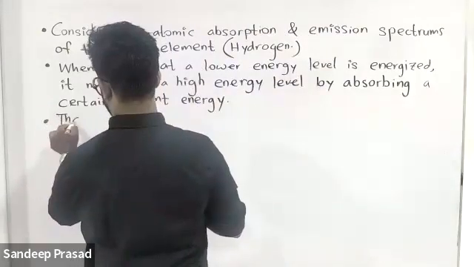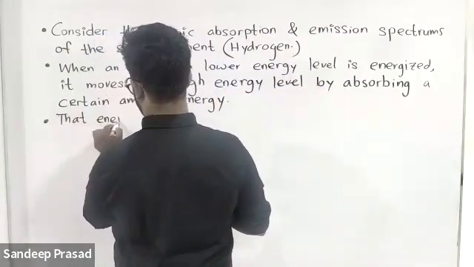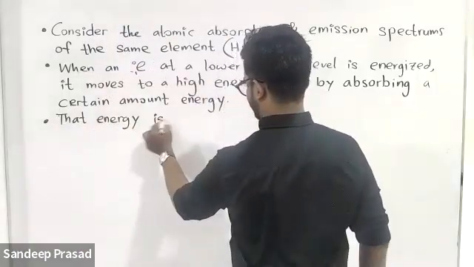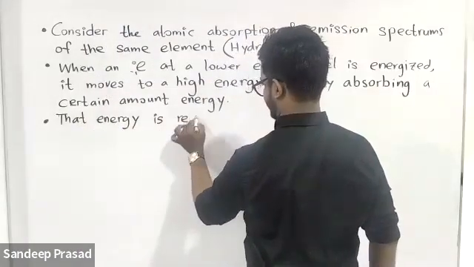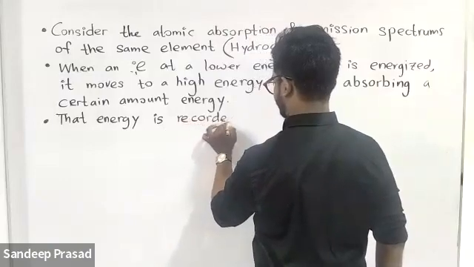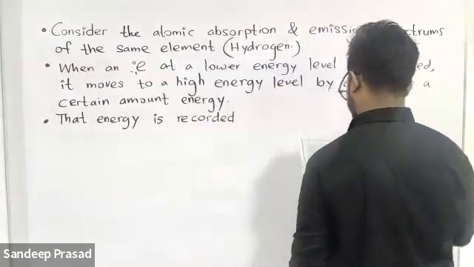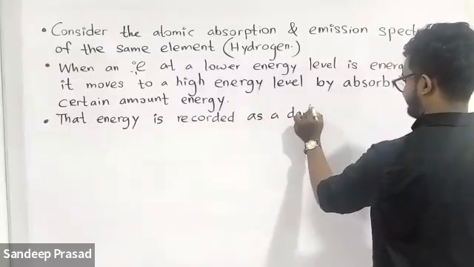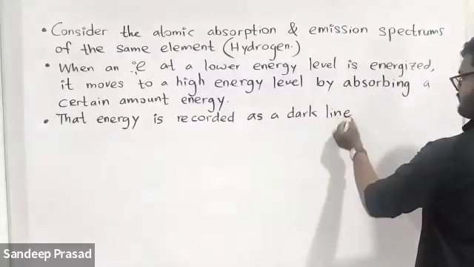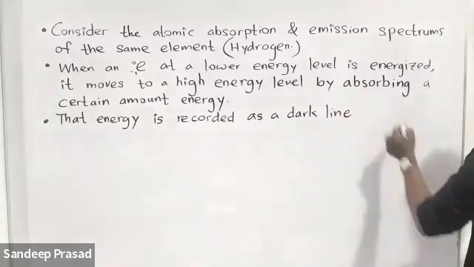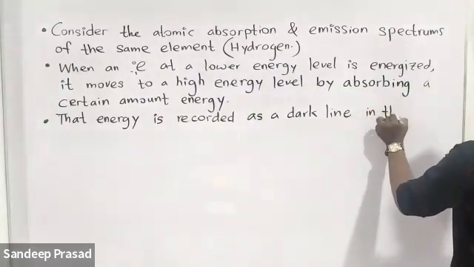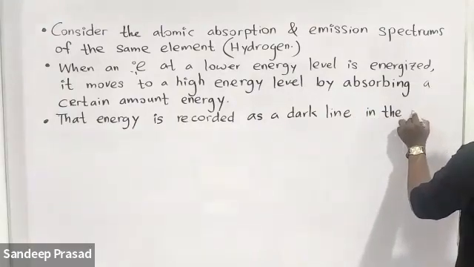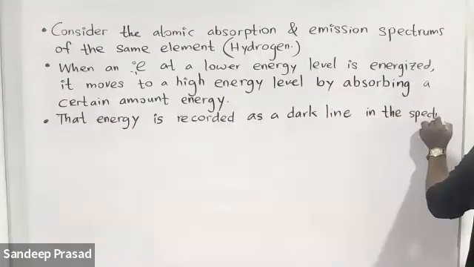That energy is recorded as a dark line in the spectral line diagram.